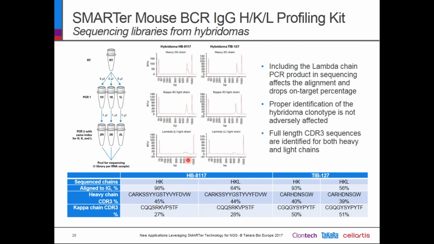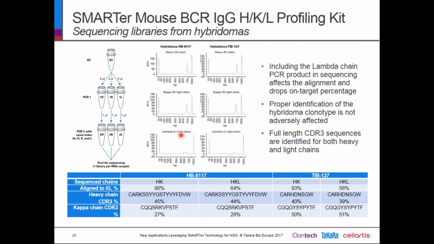What we wanted to see in this experiment is how this affected the results. If we are only analyzing the heavy chain and the kappa chain, most of the reads will align to immunoglobulin, and we can detect very accurately the clonotype of the heavy chain and the kappa chain.